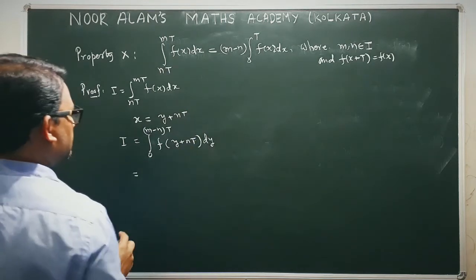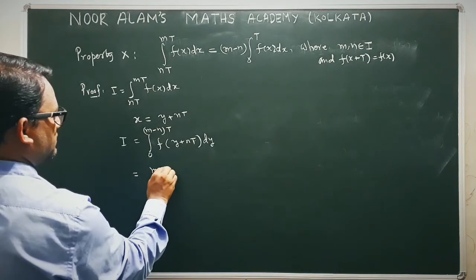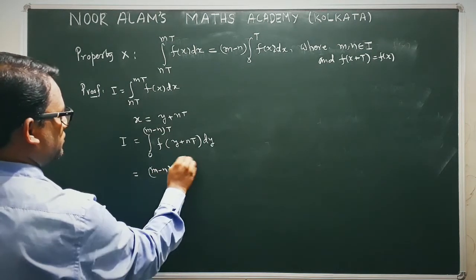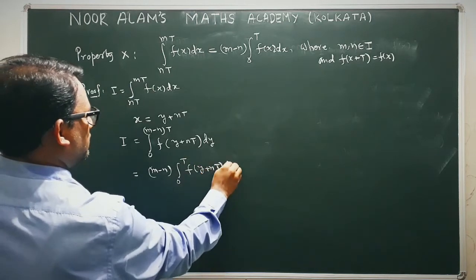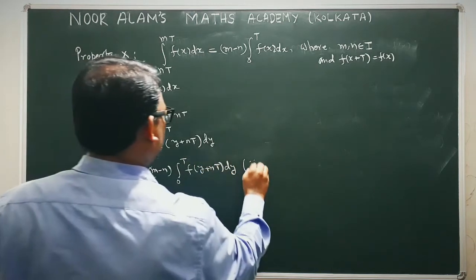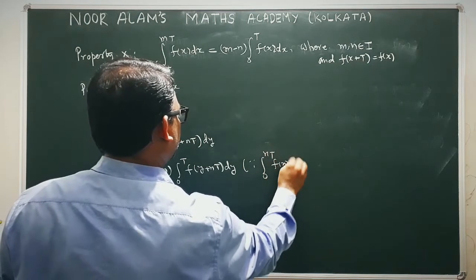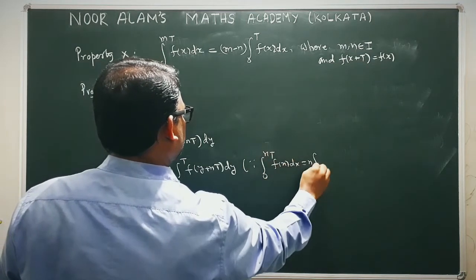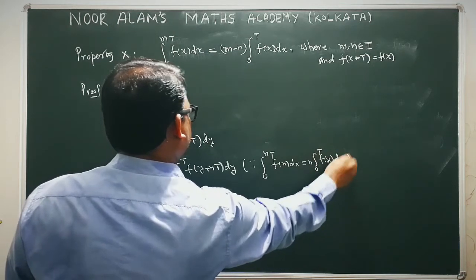So now here we see that some integral multiple of T is present, so m minus n is an integer, it will be outside: 0 to T f(y + nT) dy. Since we can use this property, 0 to nT f(x) dx, we can write as n into 0 to T f(x) dx.